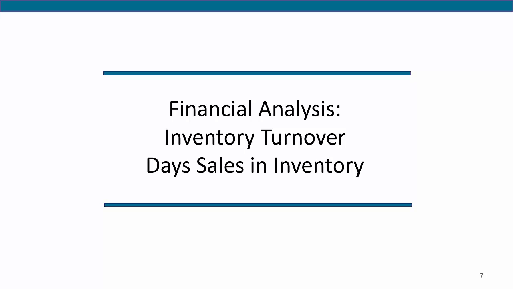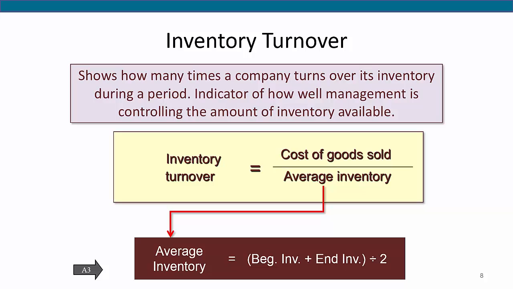Chapter 5 has 2 financial analysis tools that are widely used in business to evaluate how efficiently and effectively inventory is managed. Earlier chapters described 2 important ratios used in evaluating a company's short-term liquidity. Those were the current ratio and the acid test ratio. A merchandiser's ability to pay its short-term obligations also depends on how quickly it sells its inventory.